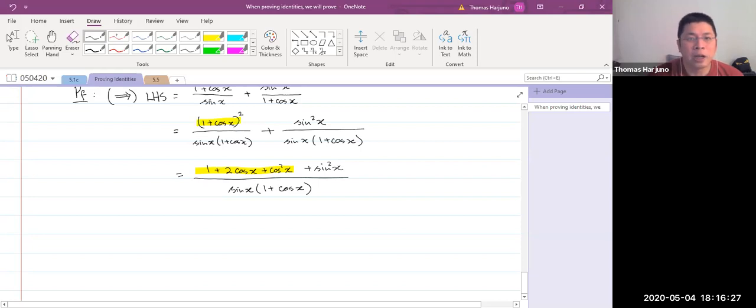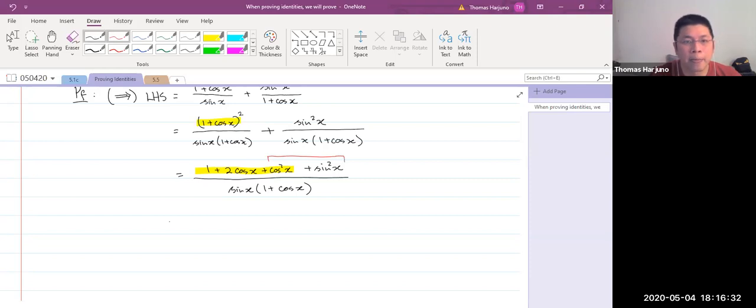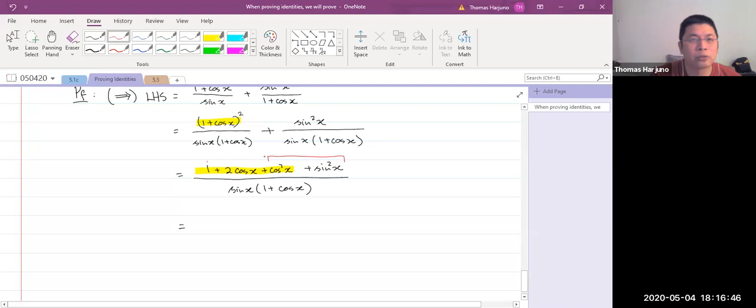And then notice that the last two terms become 1, together with this guy here, that becomes 2. So 2 plus 2 cosine x over sine x times 1 plus cosine x.